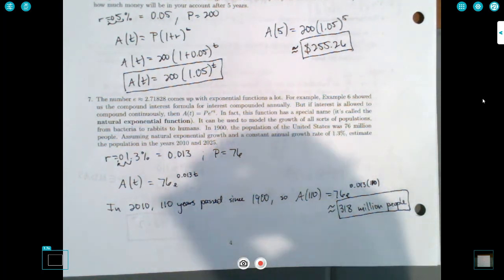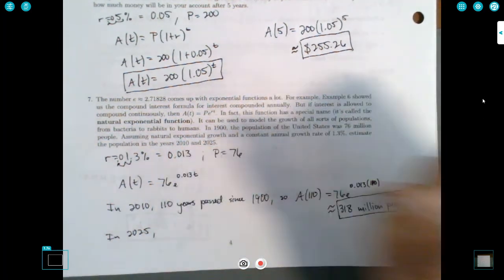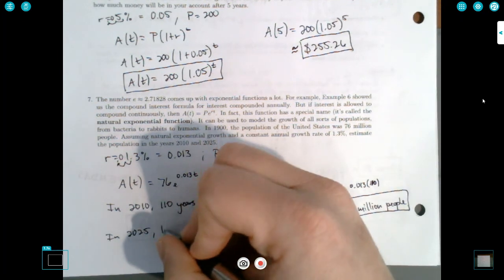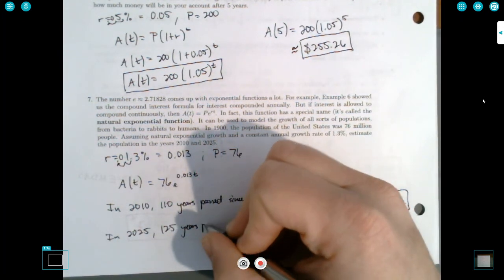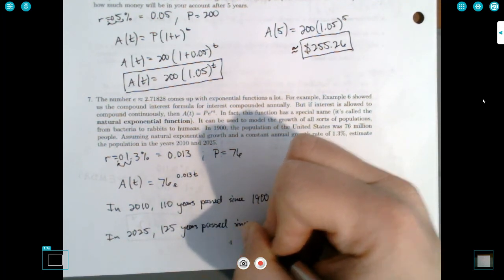Okay, what about in 2025? How many years have passed since 1900? We would say it would be 125, right? 125 years passed since 1900.